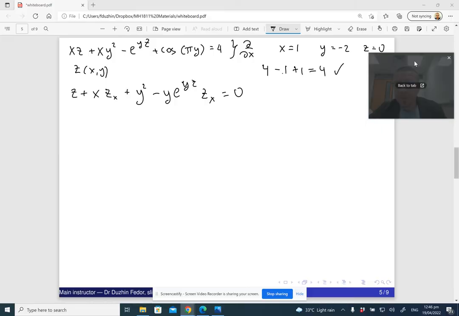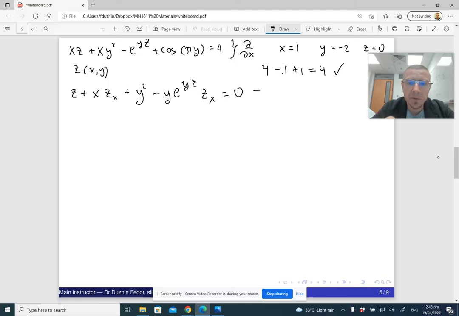All right, so now this is the equation that we have, and we've got to solve for the partial derivative of z with respect to x.